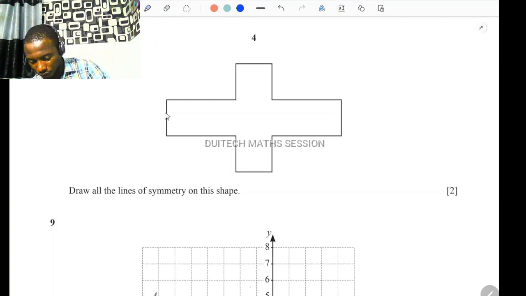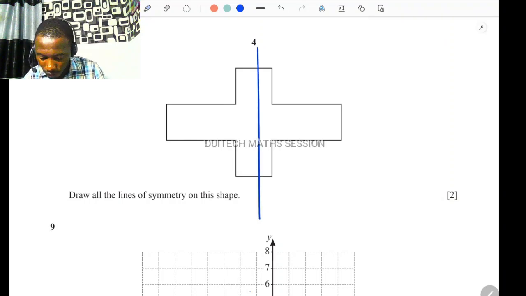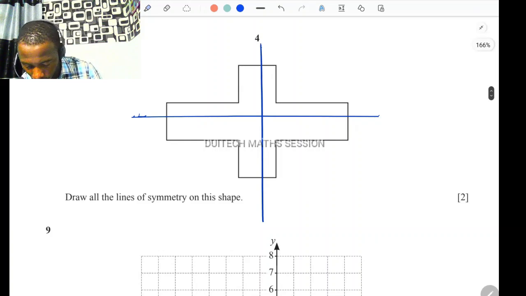So you divide first, don't forget, into 2 equal parts, a very straight line. Then second thing, you get a horizontal, a vertical line. Then the next is to share it from this part.